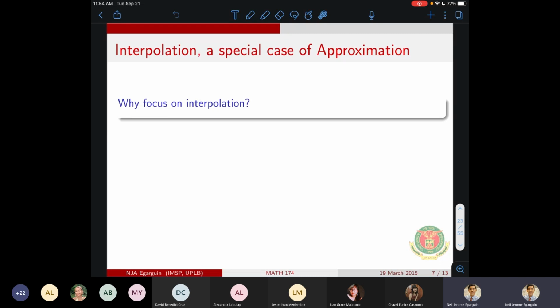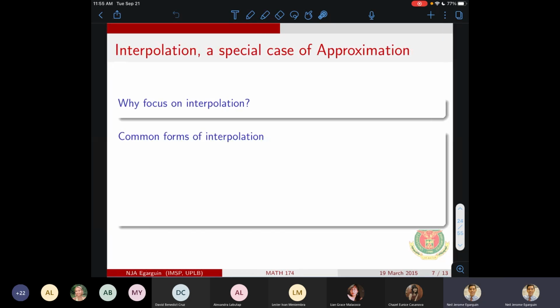So why focus on interpolation? Well, interpolation actually is a very simple process, and it's easy to implement using a computer, or actually even by hand, especially if you have a very small data set. So here are some common forms of interpolation.